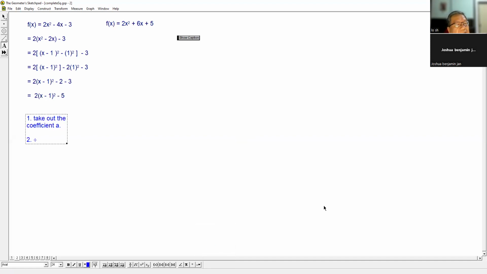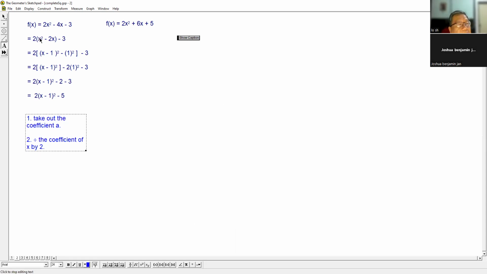Divide the coefficient of x by 2. Is there any difference between the first step and the second step?